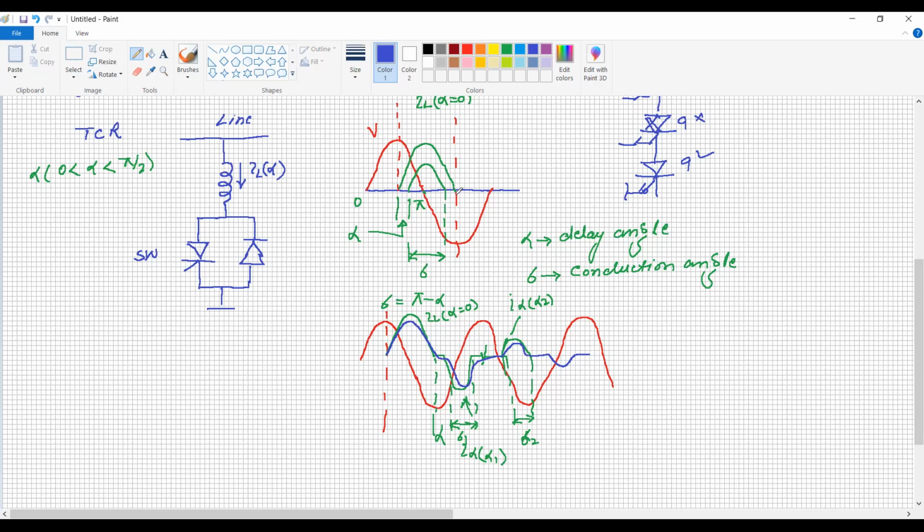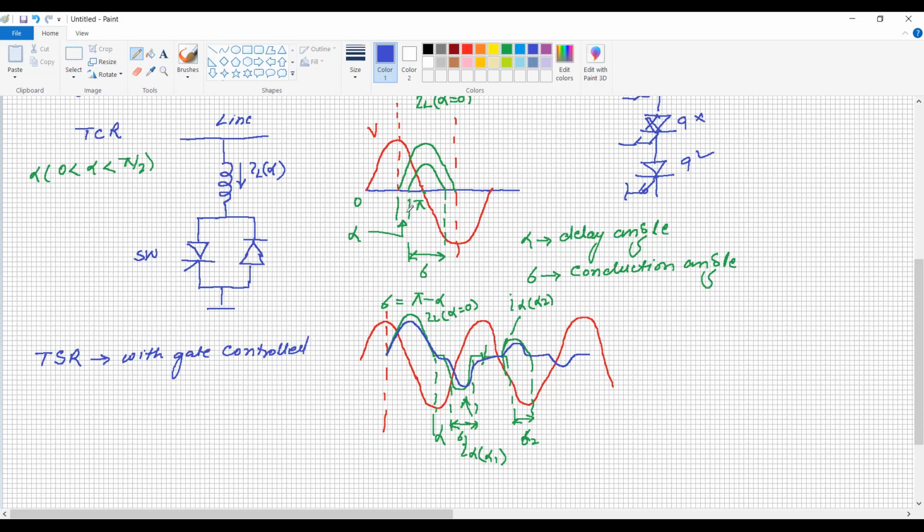So if we are not delaying any angle, what does it become? It becomes simply a switch. So the thyristor switched reactor is without gate control. Without gate control, it becomes a thyristor switch.